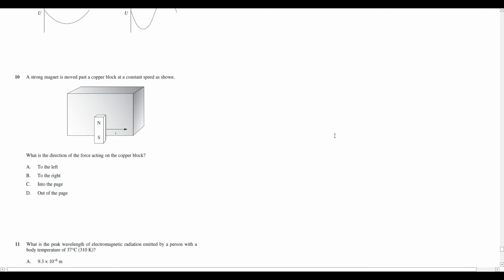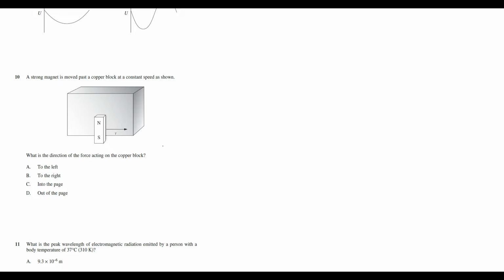Now, question 10. So a strong magnet is moved past a copper block at a constant speed, as shown. So what is the direction of the force acting on the copper block? Okay, so for this question, we need to be comfortable with Lenz's law, Faraday's law, and all that sort of stuff, and then we can get a bit more of an intuitive understanding as to what exactly would be going on. Okay, so the direction of the force acting on the copper block.